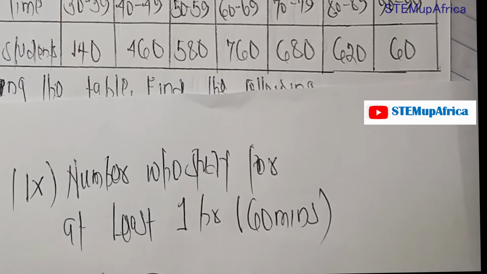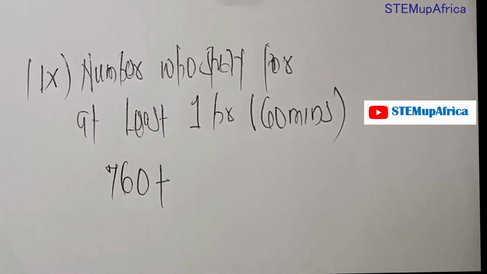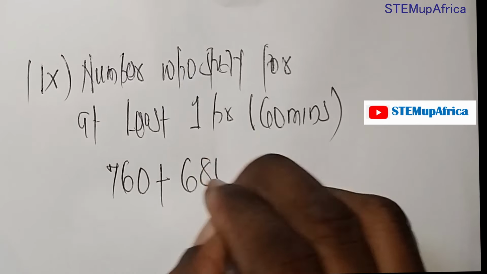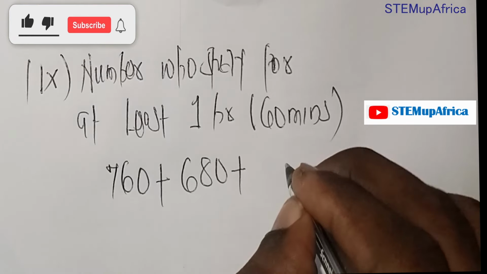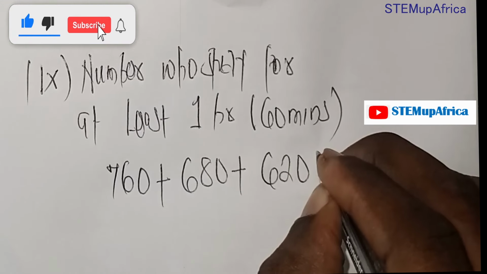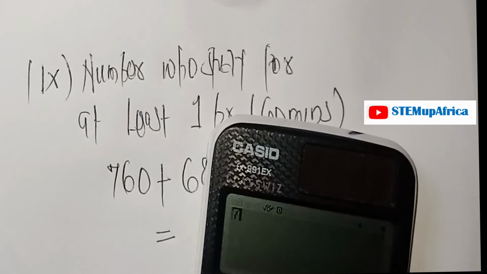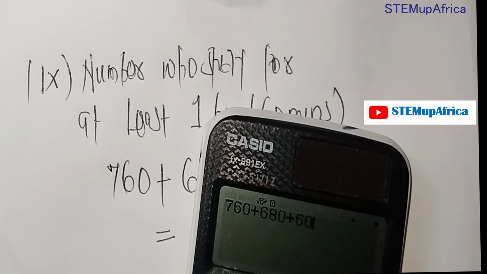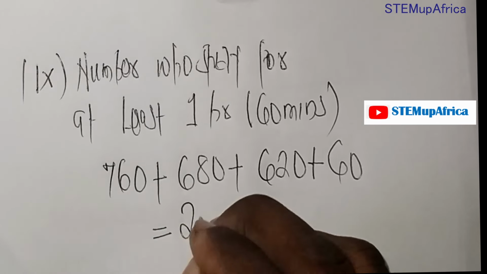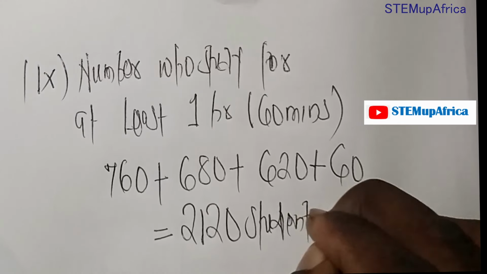It is 760 plus 680 plus 620 plus 60. If you add up, what are we having? 760 plus 680 plus 620 plus 60. That will give us 2,120 students.